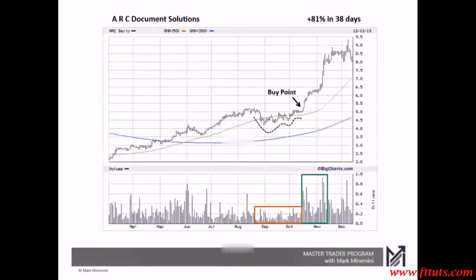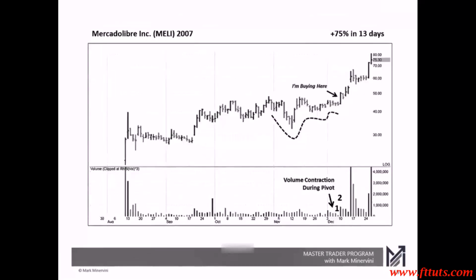And the information on these stocks is exactly the same. Most of them have very, very strong quarterly earnings and annual earnings and all the CANSLIM characteristics, and they have similar patterns. The only thing that really changes is the name on top of the information. Everything else is basically the same over and over again. And look right here, 75% in 13 days.